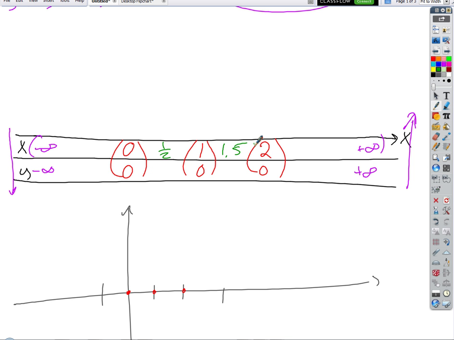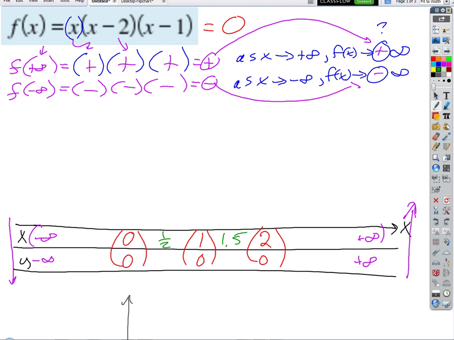We just need to know what the sign of the function is. Is it above or below the x-axis when it turns? So all we got to do is go back up here and try those out. We'll evaluate the function at 1/2, but all we need to know is the sign. If I plug 1/2 in for x, the first factor gives me just 1/2, positive or negative? Positive. What about 1/2 minus 2? Negative, right?